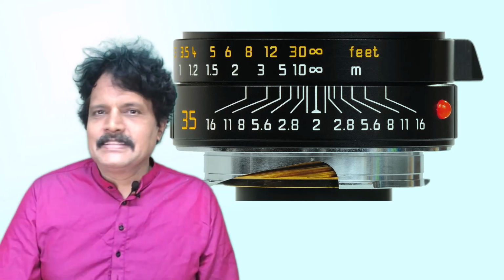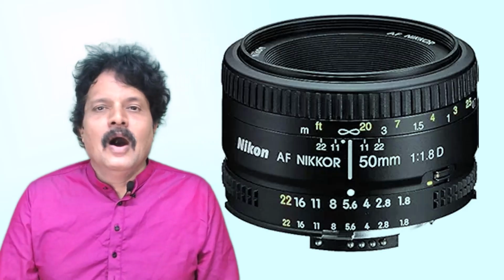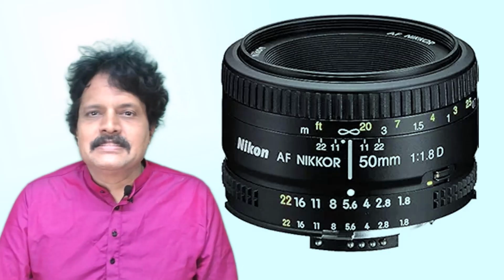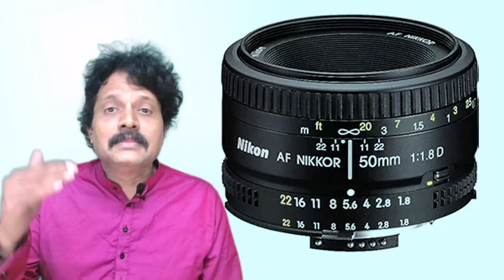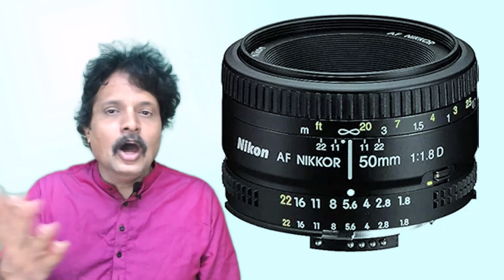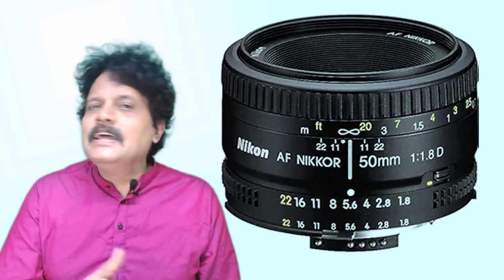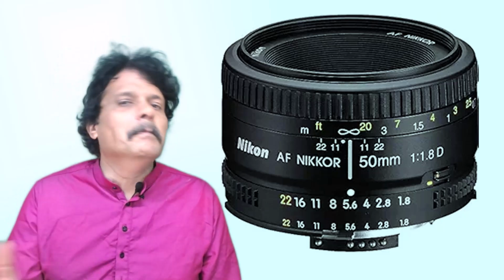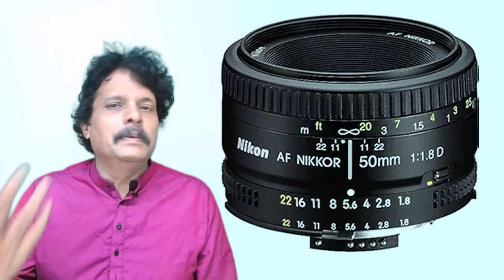To give you an example, if you have a 50 mm 1.2 lens, this hyperfocal distance will be around 30 meters. That is, all the objects beyond 30 meters will be focused, but if the object comes within 30 meters, it gets blurred. And it's not always possible to shoot beyond 30 meters.